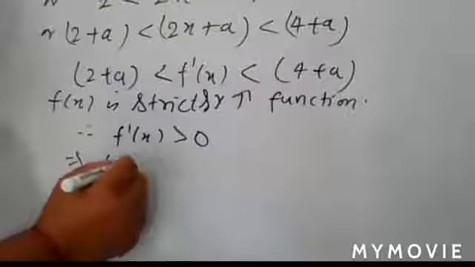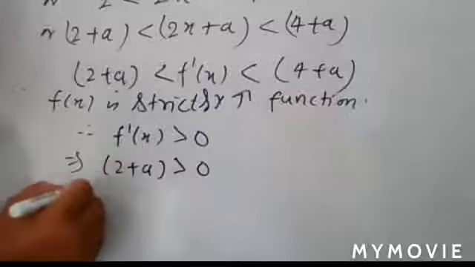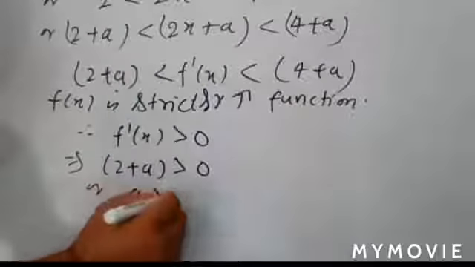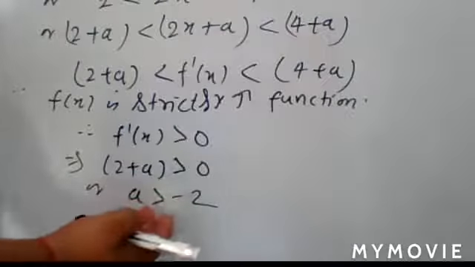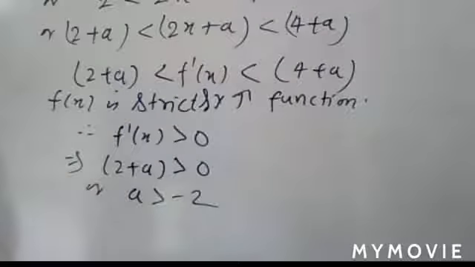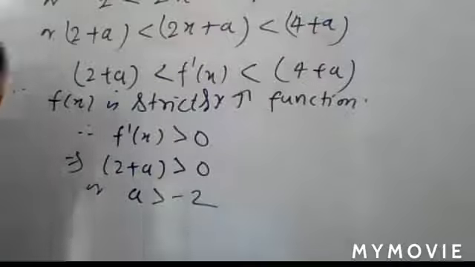This implies 2 plus a is greater than 0, or a is greater than minus 2. Understand? So what is its least value? You can write it as the least value of a is equal to minus 2.